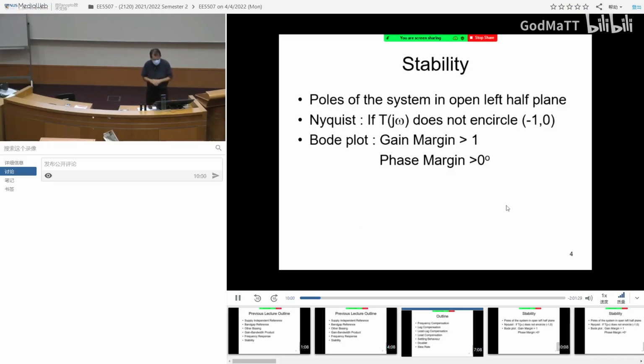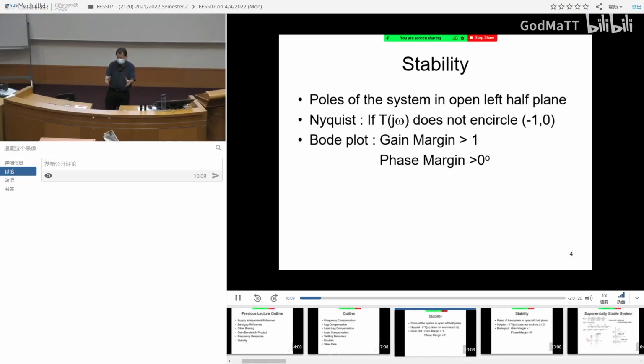Okay, there are many ways of looking at the stability. A very simple way: if you look at the system transfer function, if you are able to factorize the denominator, meaning finding the roots of the denominator, it means you can find all the poles.